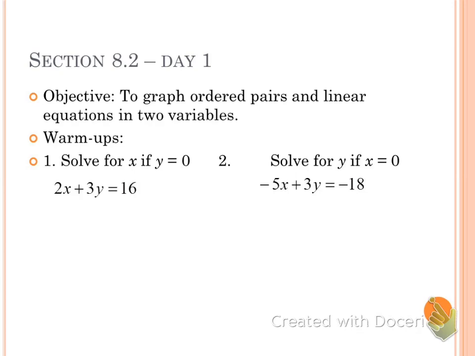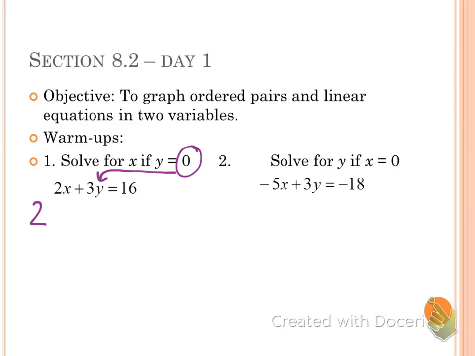For our warm-ups, we are given a value for one of our variables and asked to solve for the other. So on that first warm-up, we are asked to solve for x if y equals 0. So I'm going to take that value for y and plug it in.